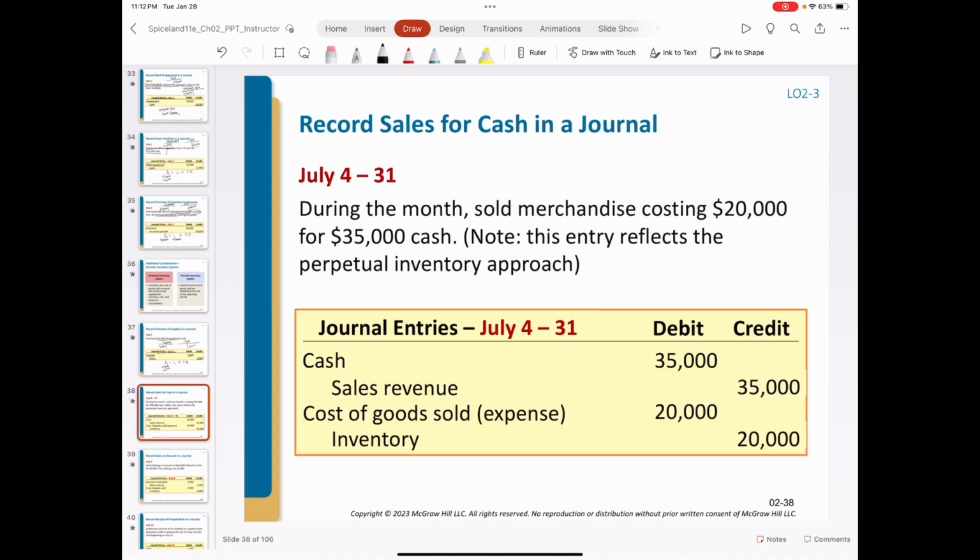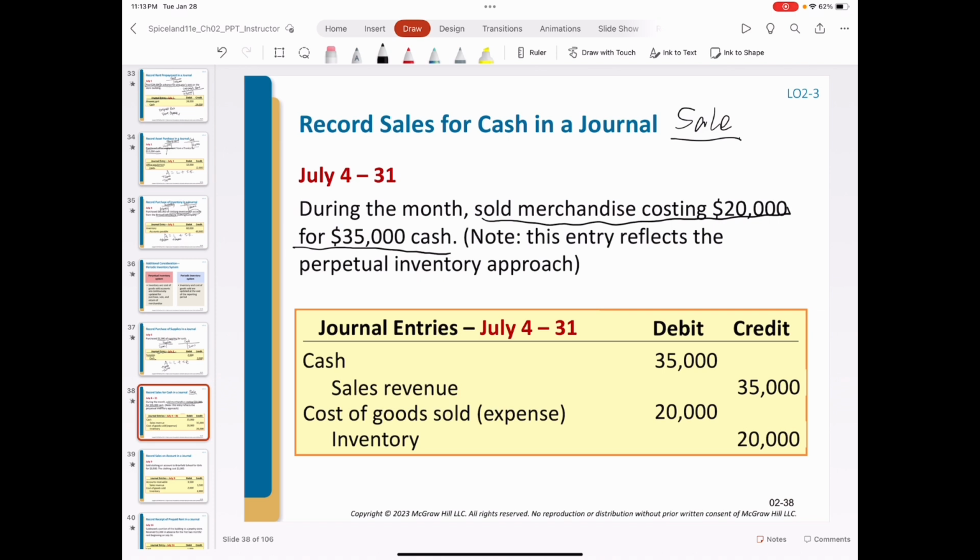Okay, from July 4th to 31st, sold merchandise costing $20,000 for $35,000 cash. This is a sale. When a sale happens, that also indicates this is a moment the company should recognize sales revenue because the company delivered the products to the customer.